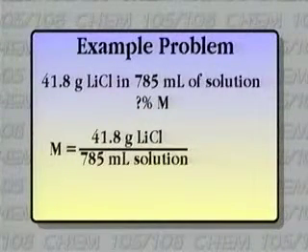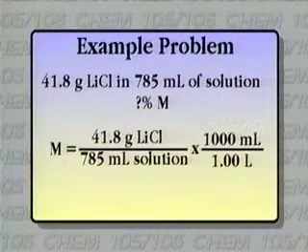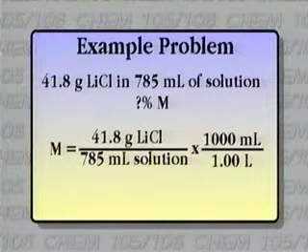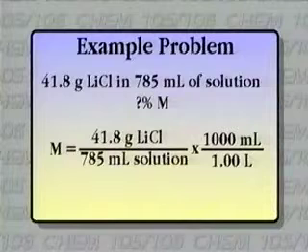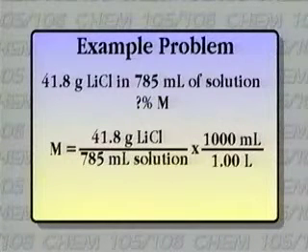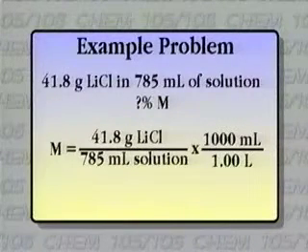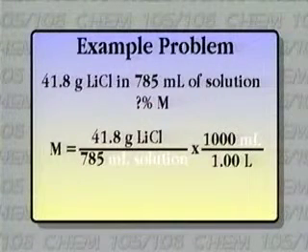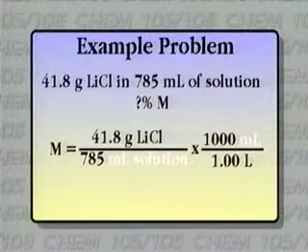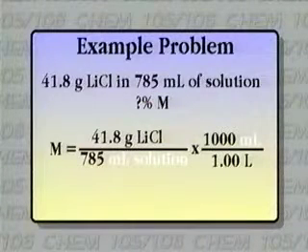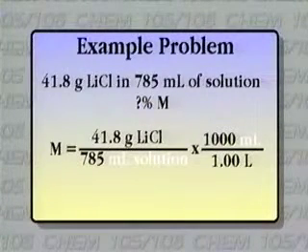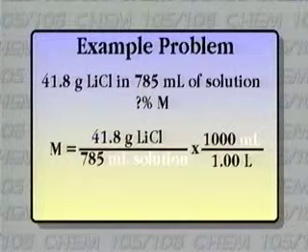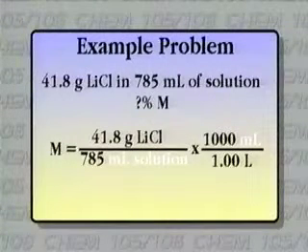If we multiply now by 1,000 milliliters per 1.00 liters, then now we're down to liters of solution in the bottom term. I shouldn't have scratched through the solution part. We should have just canceled out the unit milliliter. So we've taken care of the first part. We now have liters of solution.